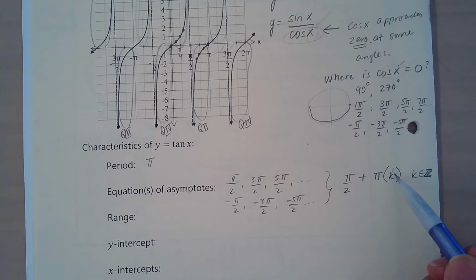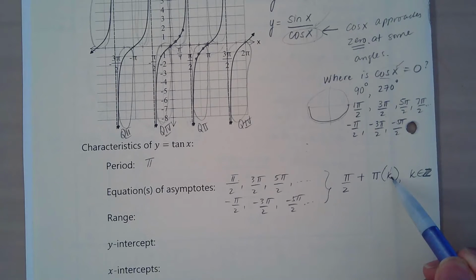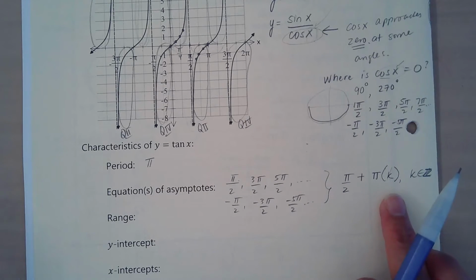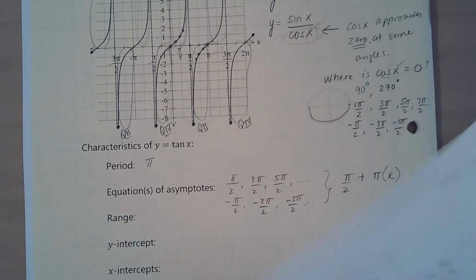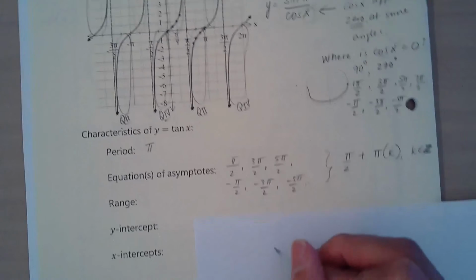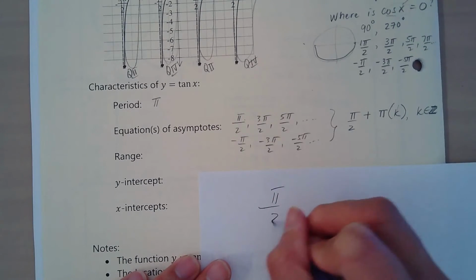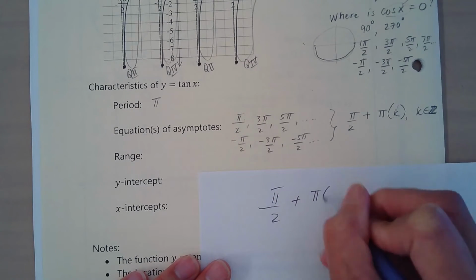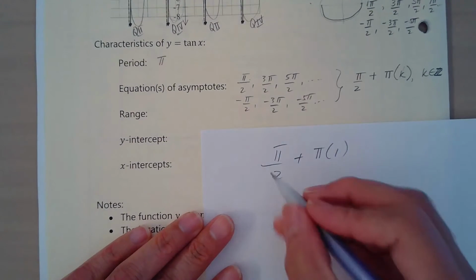So let's try that. Let's put 1 for k. If k is 1, what would be the next one? Pi halves plus pi times 1, what would it be?